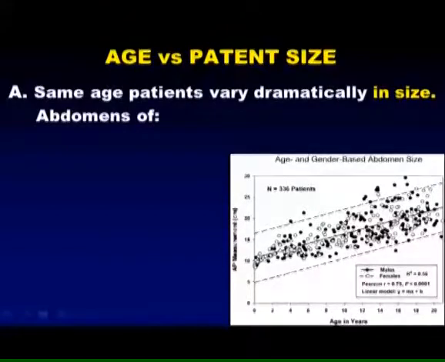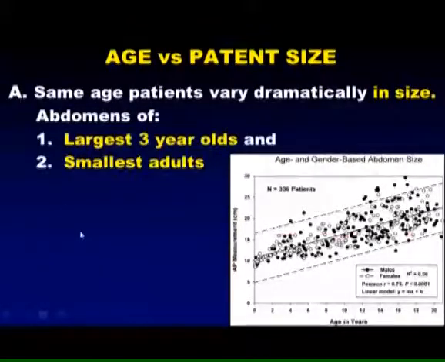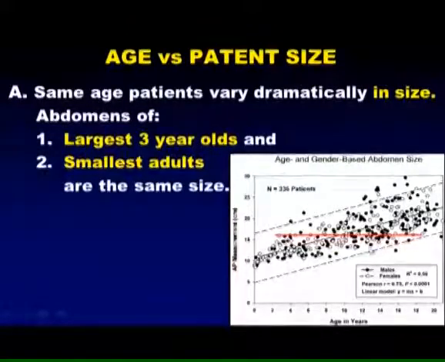Well, this is a plot of patient size of the AP abdomen that was published in 2010 of 336 patients, from newborns all the way up to 20-year-olds. And what I can do is draw a straight line here, which of course represents patients all of one size.